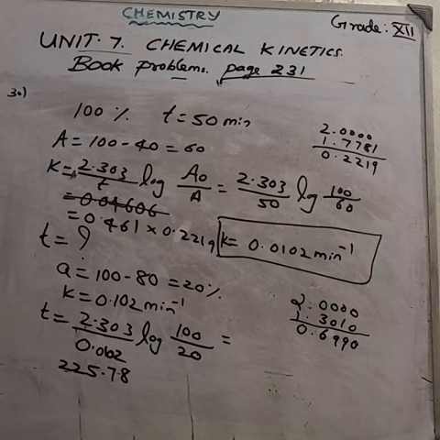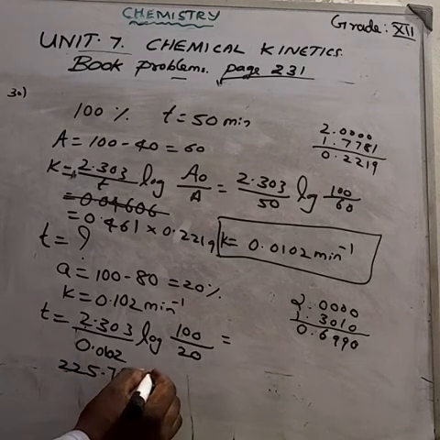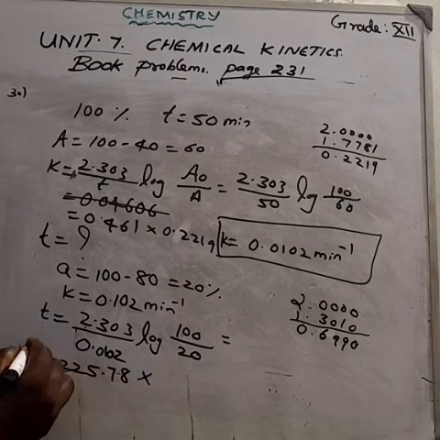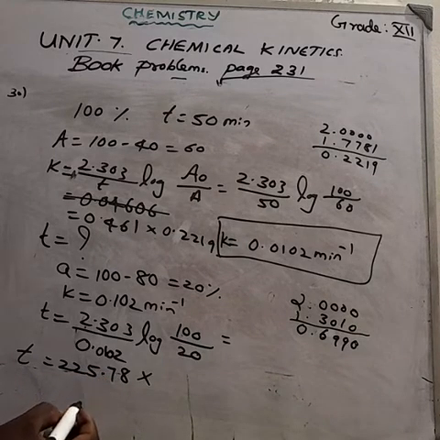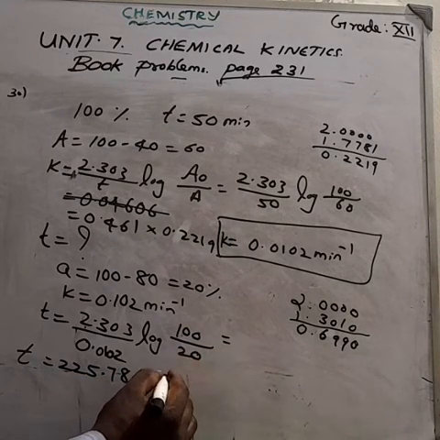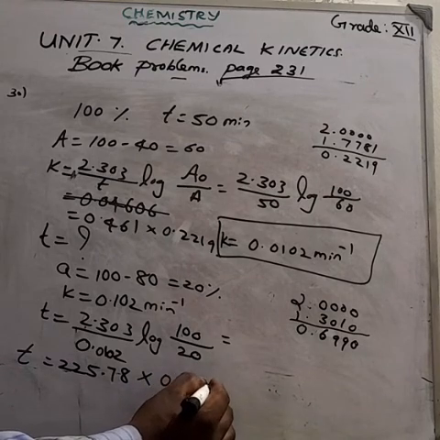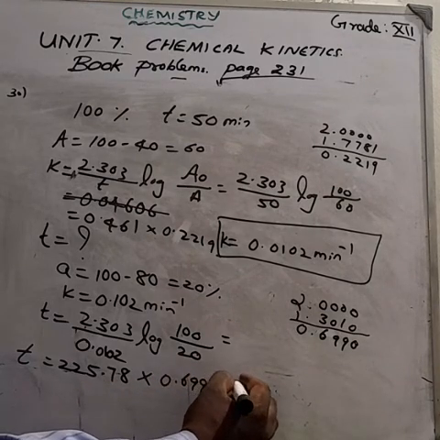Next I am going to multiply the above value, that is 225.78 into 0.6990. I am multiplying. We get the T value.